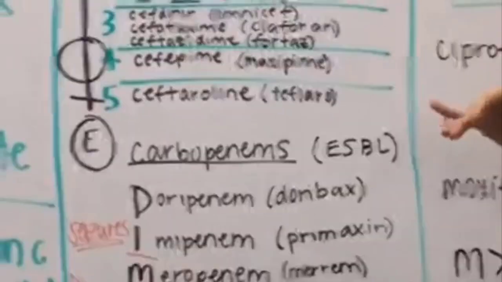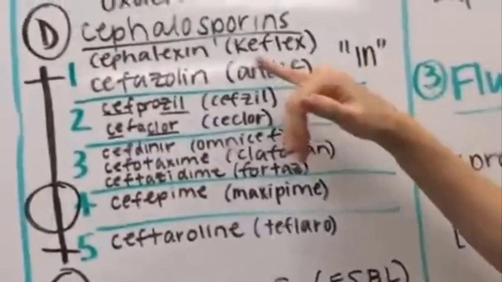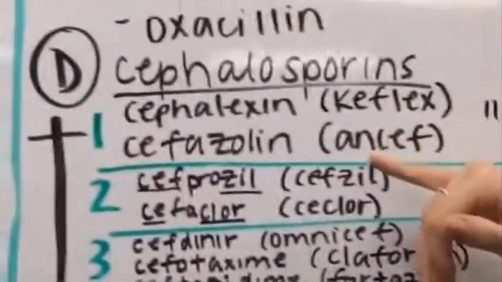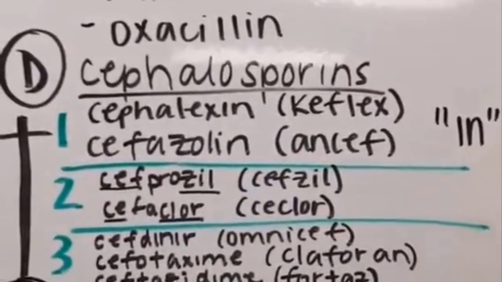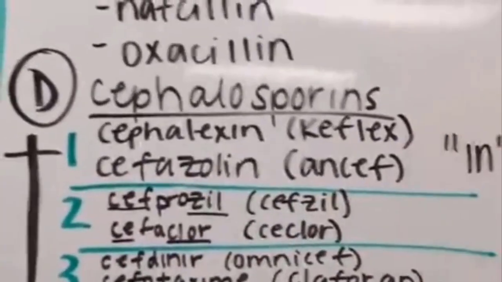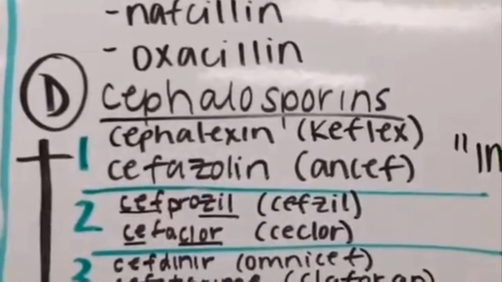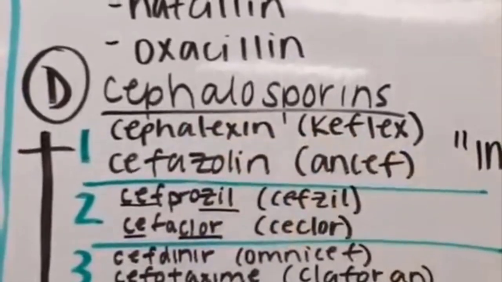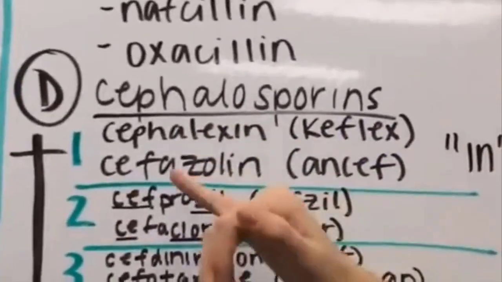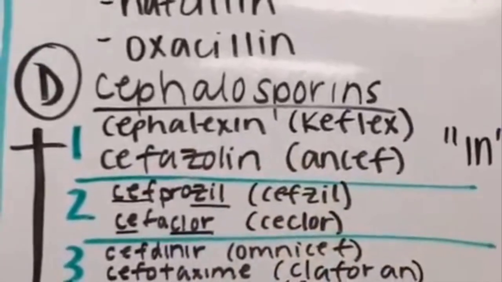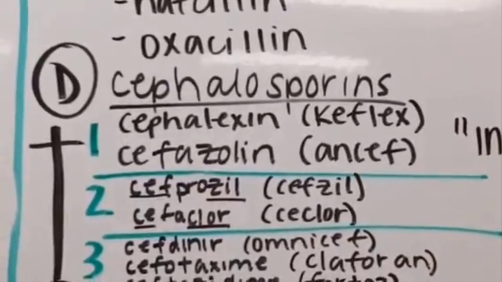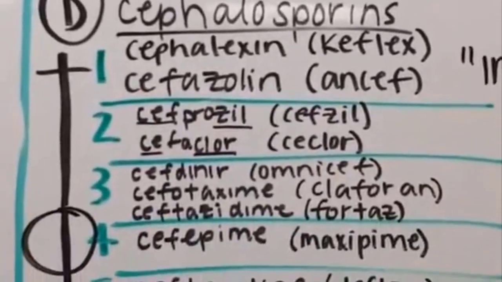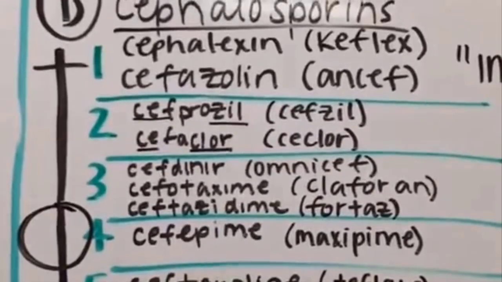So the way that I like to remember these, so our first generation, we have cephalexin and cefazolin, and I like to remember the "in" at the ending. So the way that these are going to differ are going to be in the administration. So cephalexin is going to be an oral medication, and then cefazolin is going to be an IV medication. So the way that it goes in is going to differ between those two. Then we have our second generation, which is cefprozil and cefaclor.